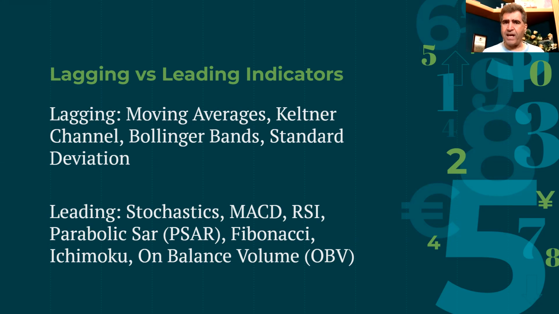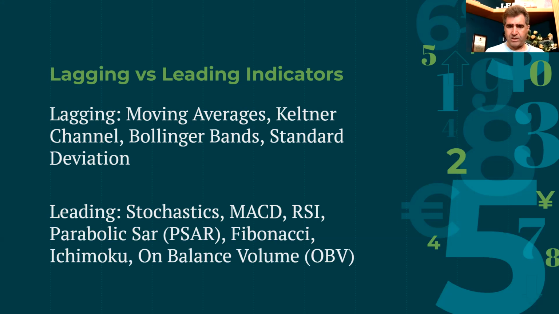So such as moving averages, they look at the past 200 or 50 price levels, Keltner channels, Bollinger Bands, standard deviation. They look back and they average things out, and they look mostly at the moving averages. There are leading indicators such as stochastics, MACD, RSI, parabolic SAR, Fibonaccis, Ichimoku, on-balance volume.